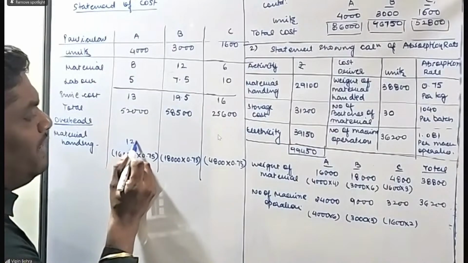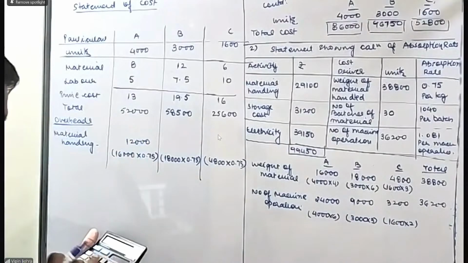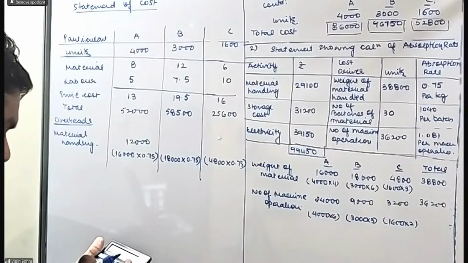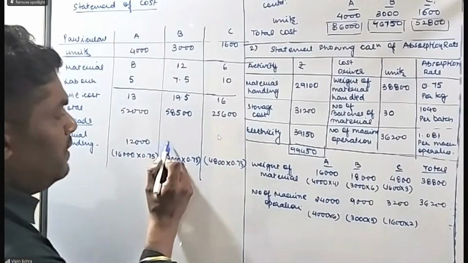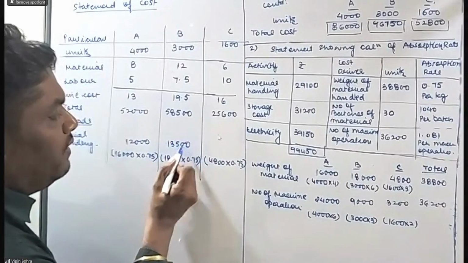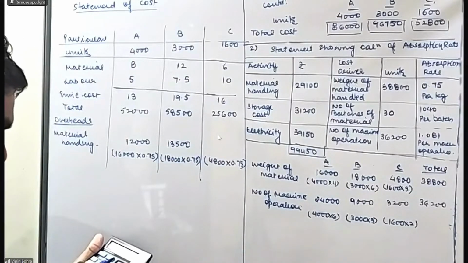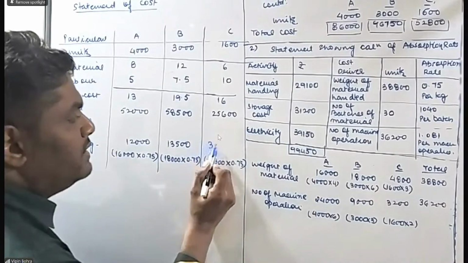So this will be 12,000, 13,500, and 3,600.